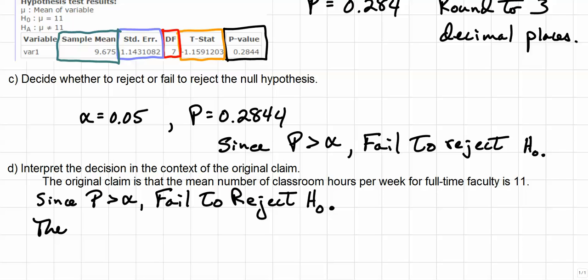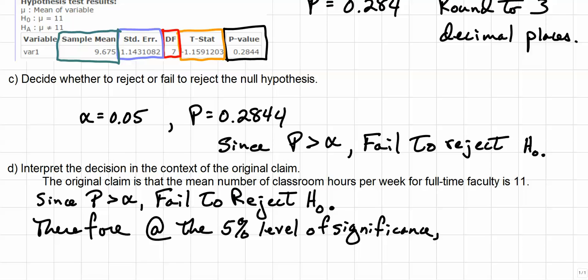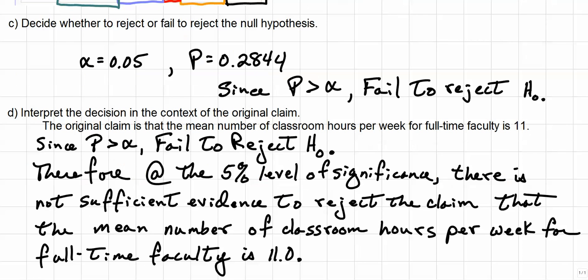Therefore, at the 5% level of significance, there is not sufficient evidence to reject the claim that the mean number of classroom hours per week for full-time faculty is 11. And that is the end of the problem.